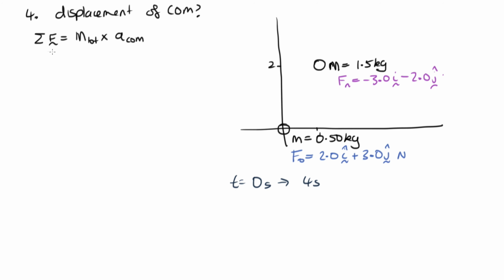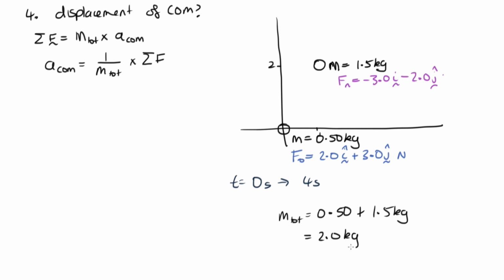So we can use this to calculate the acceleration of the center of mass, which is equal to 1 over the total mass times the sum of the forces. So the total mass is equal to the 0.50 kilogram olive plus the 1.5 kilograms of the Brazil nut. So this is equal to 2 kilograms.